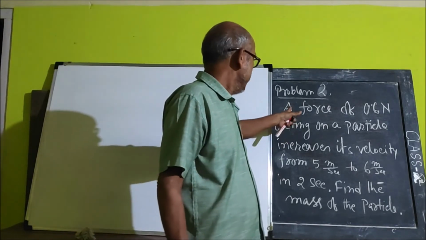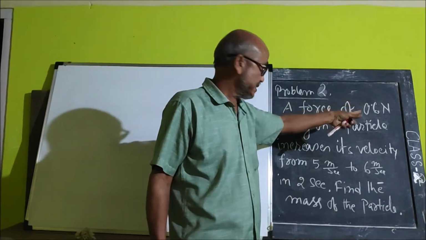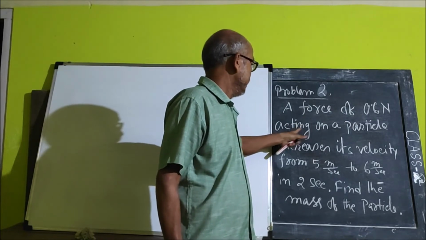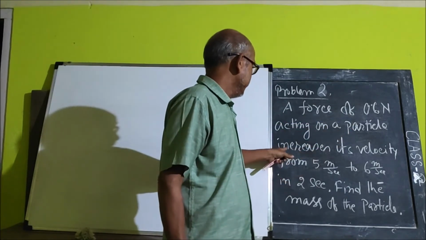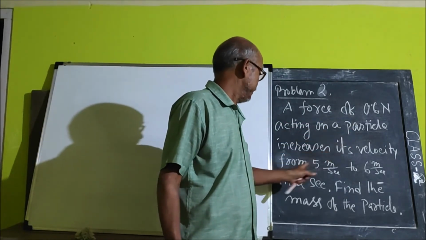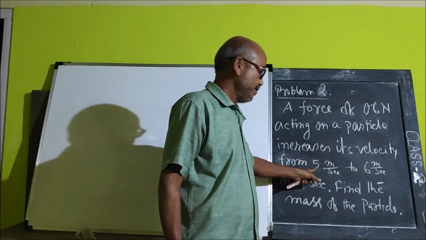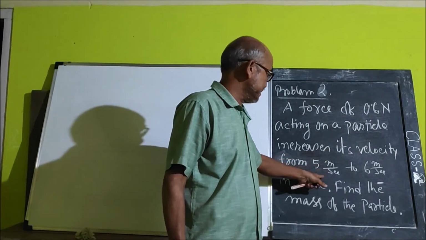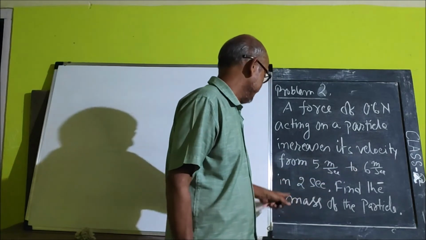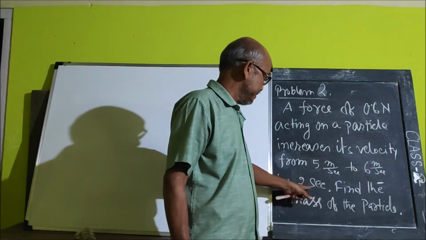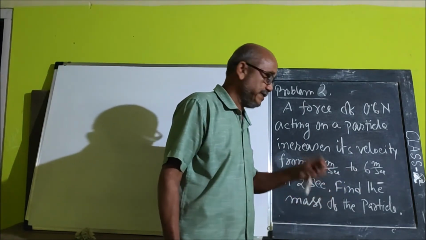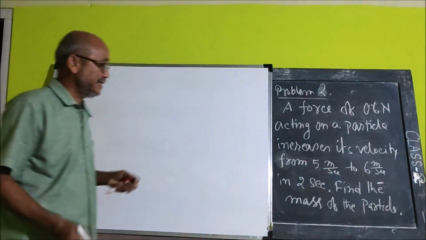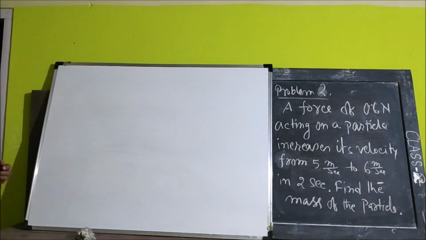Problem number 2. A force of 0.6 Newton acting on a particle increases its velocity from 5 meters per second to 6 meters per second in 2 seconds. Find the mass of the particle.